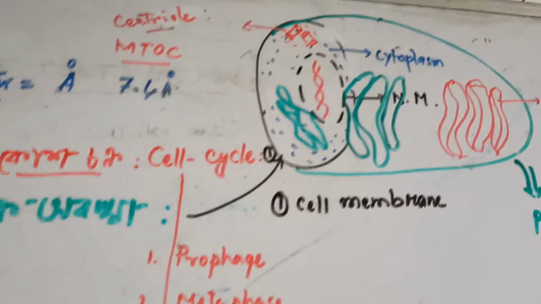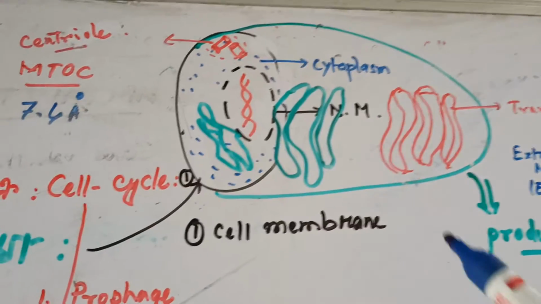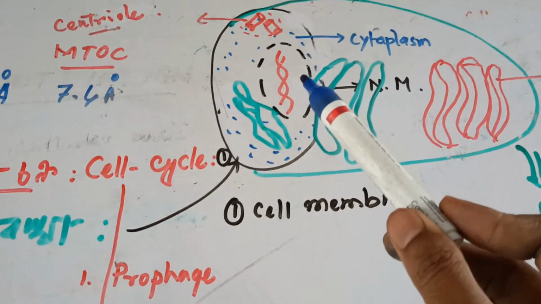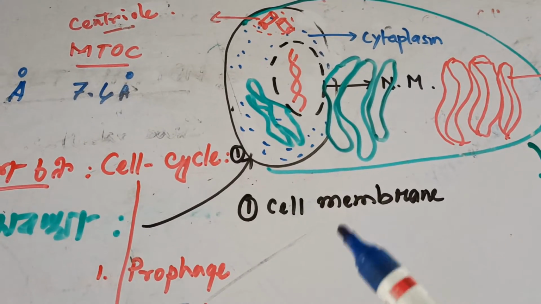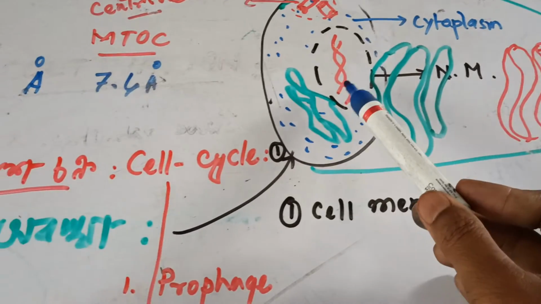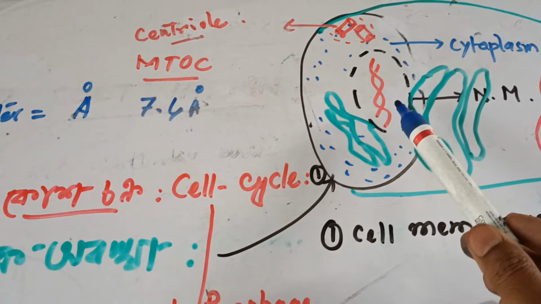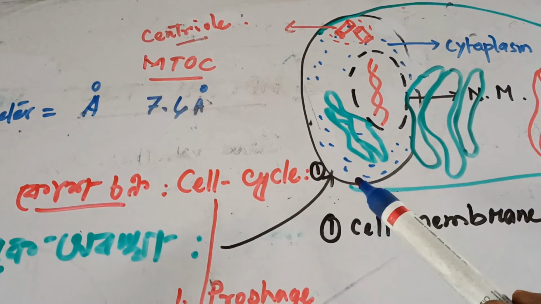I have shown you an animal cell with cell membrane. This is the nuclear membrane, and this is the DNA molecule, and it will form chromosome, and then centriole, cytoplasm.